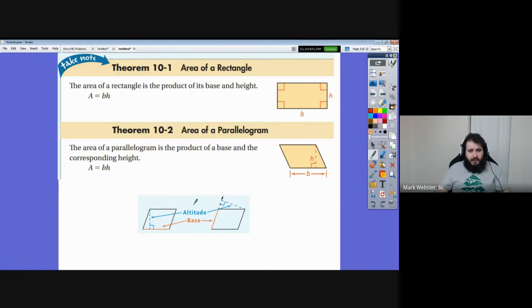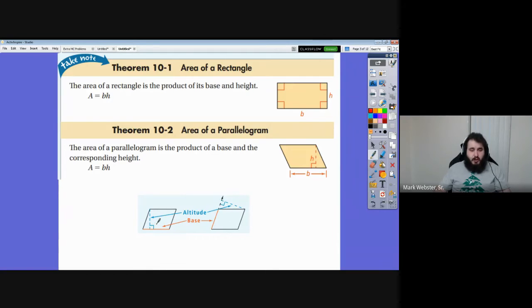So, they call it an altitude here, but height, altitude, same thing in terms of what we're talking about for this problem.